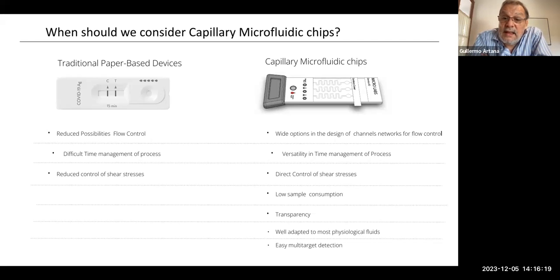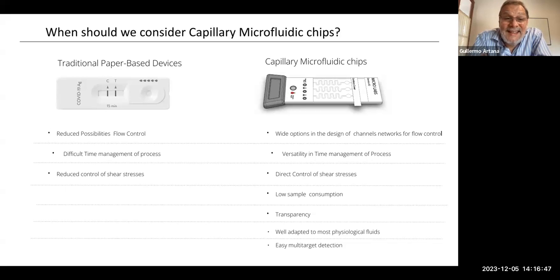So in capillary microfluidic chips, you can manage the flow and the time of the process, because you have a larger possibility of control. And you can also better control the shear stresses that will be imposed on the sample.